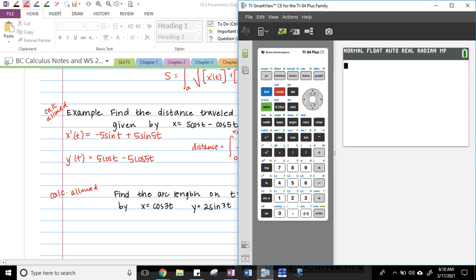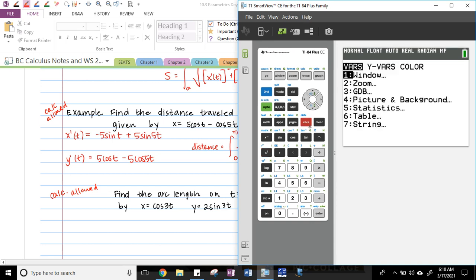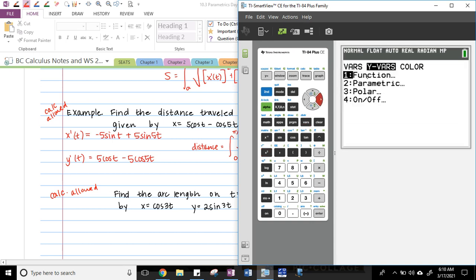I'm just going to quit. So we want the integral, math 9, from 0 to pi over 2 of the square root of x prime of t squared plus y prime of t squared. And I have that in x1t, y1t. I don't even think I need parentheses. Parentheses are implied. So I'm going to go to vars, over to y vars, and down to parametric.